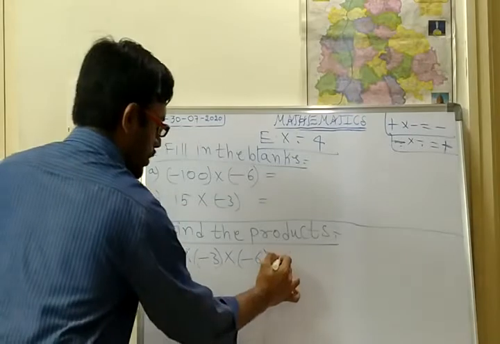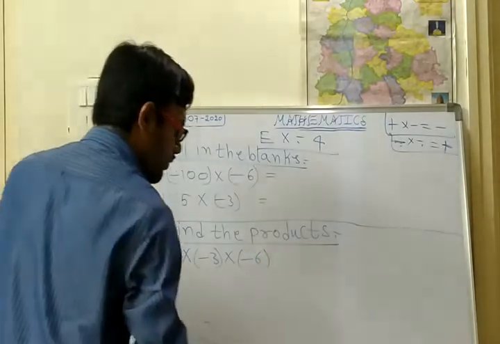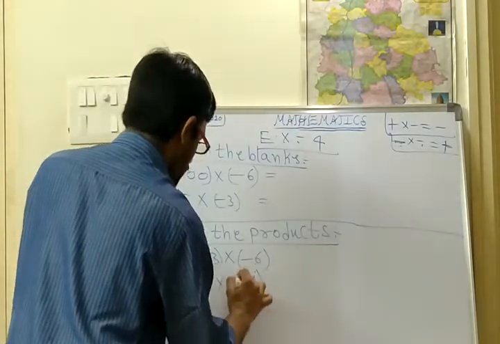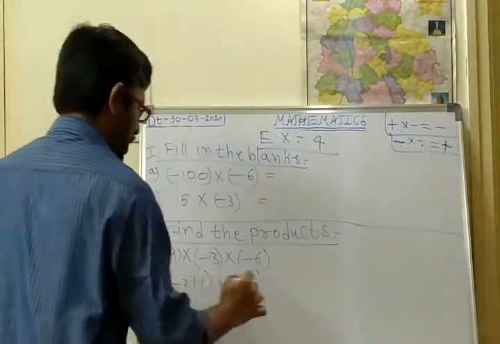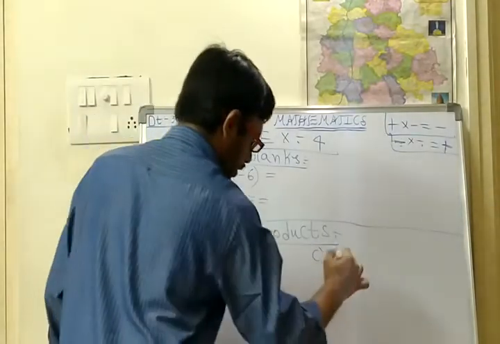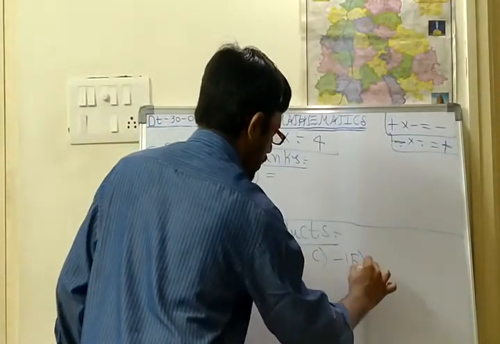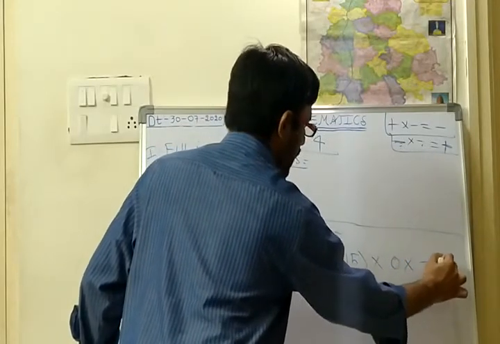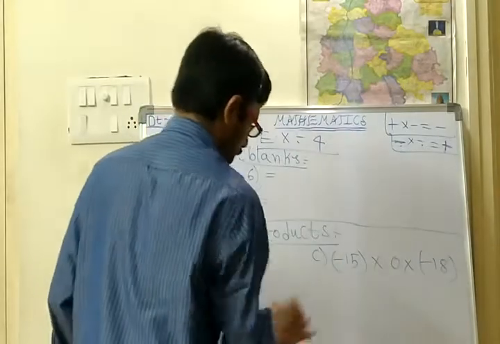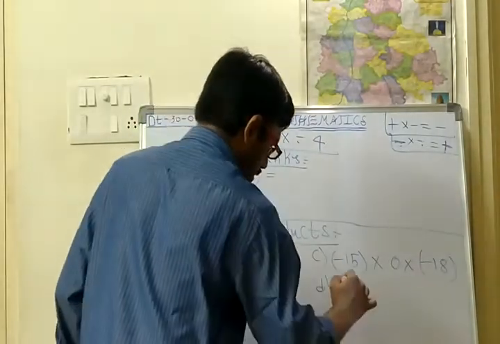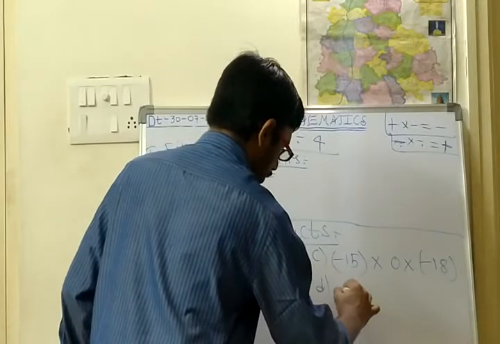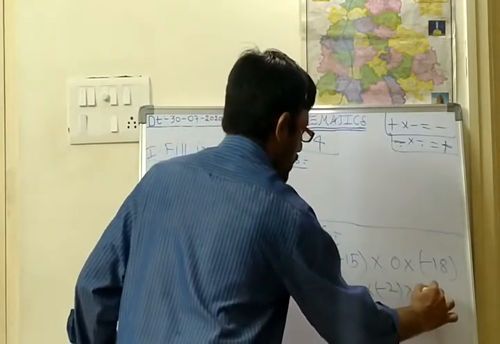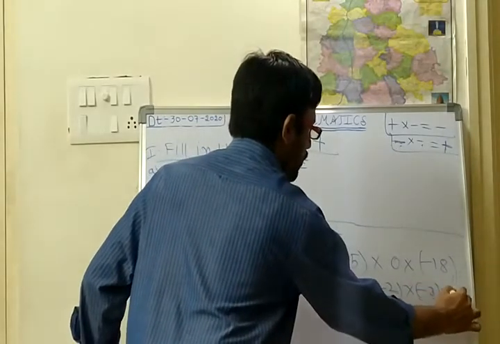Next, the second one, B: minus 316 into minus 1. Next, C: minus 15 into 0 into minus 18. Next, D, the last problem: minus 1 into minus 2 into minus 3 into minus 4.